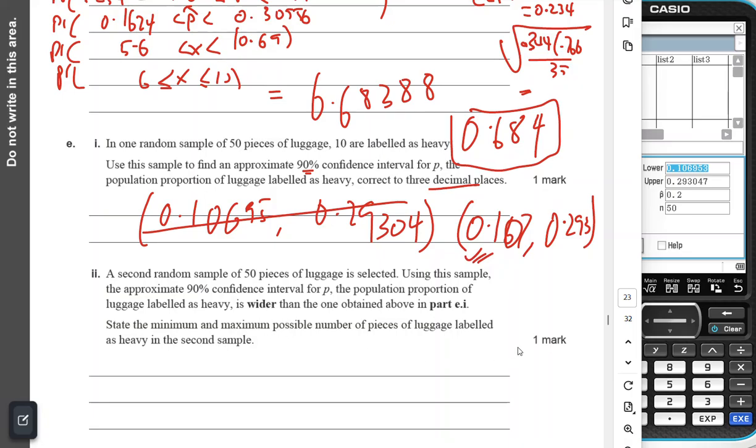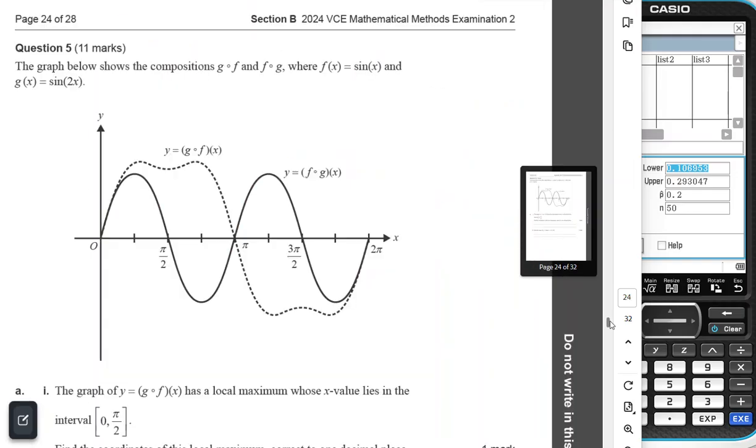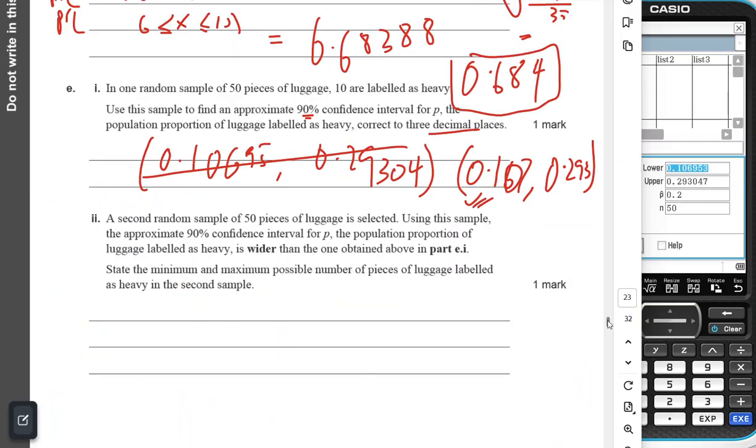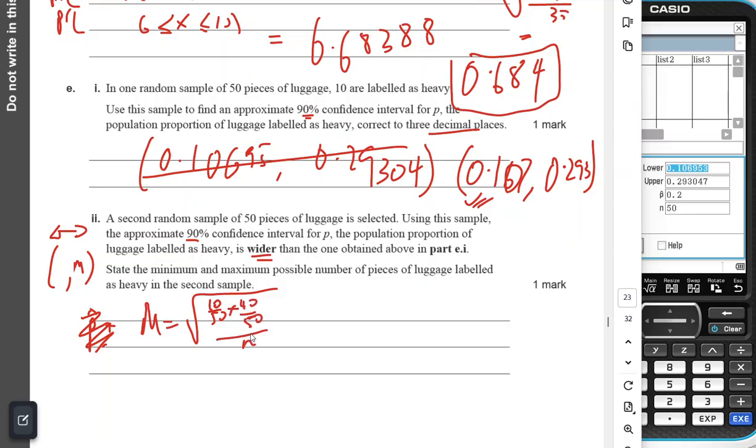Second sample of 50. So still 90%, but we want it to be wider, but we don't know N. Okay, so I've got P hat plus, so the width is the width of the interval, or I could take the middle to the end, which is M. So M on the original is 10 out of 50 times 40 out of 50 on N, and that's got a Z score for 90%.